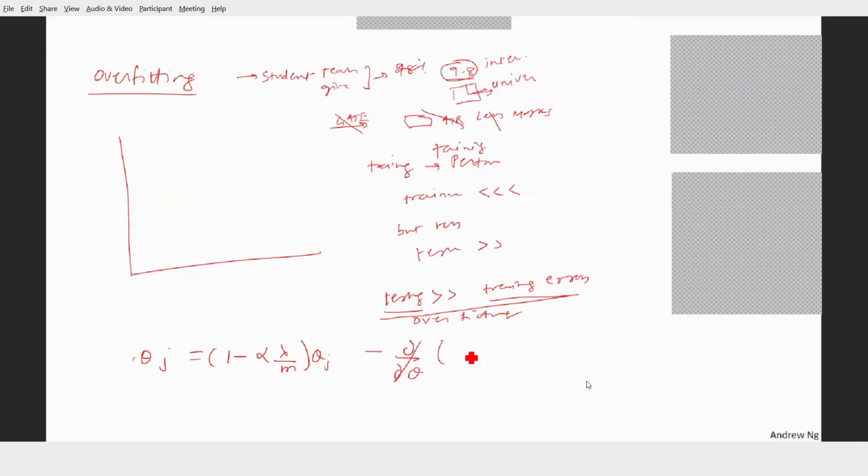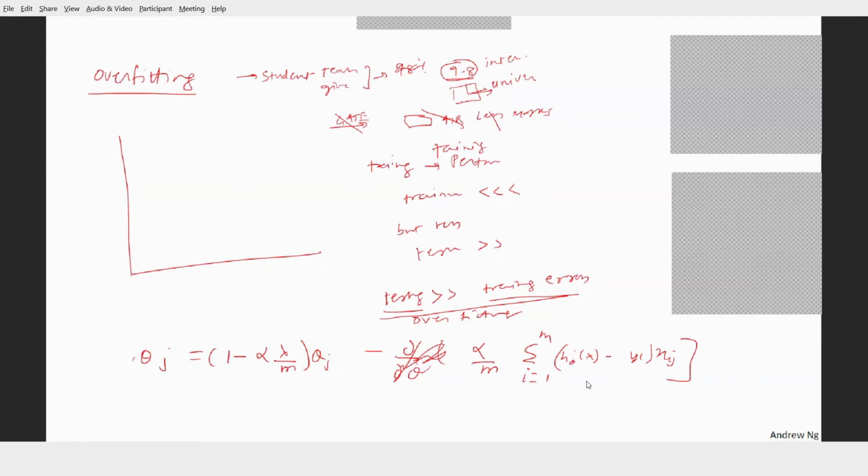Rather, I will write it as alpha times 1 upon m into summation of h theta x i minus y i into x i j. Okay? I hope this is clear to all of us. This is our equation.